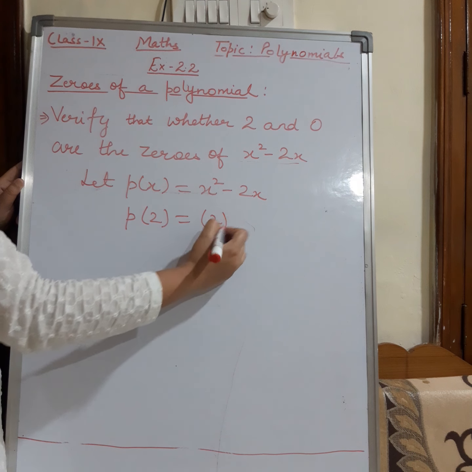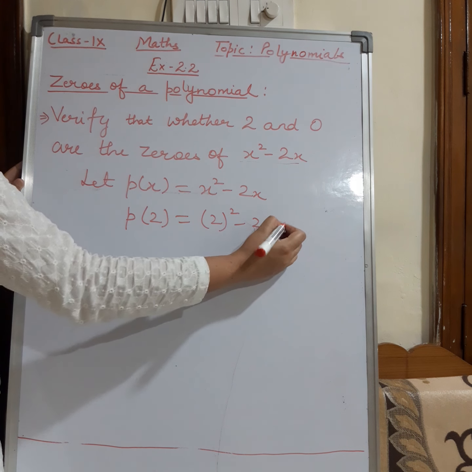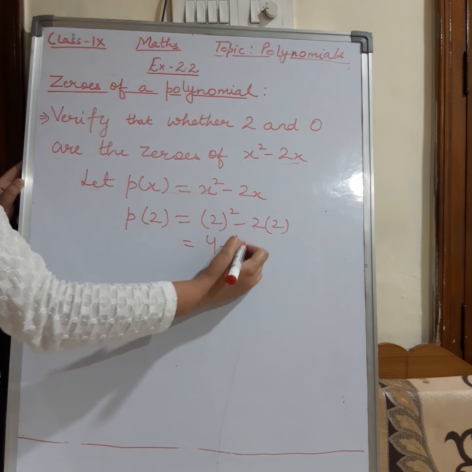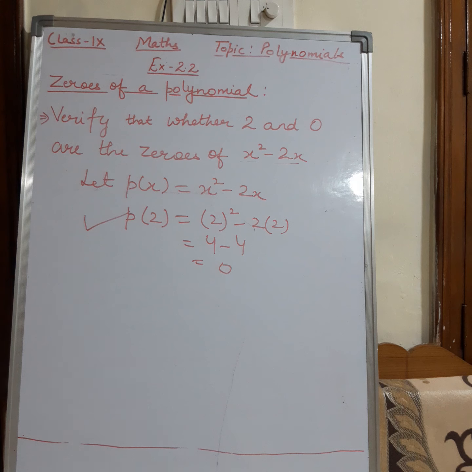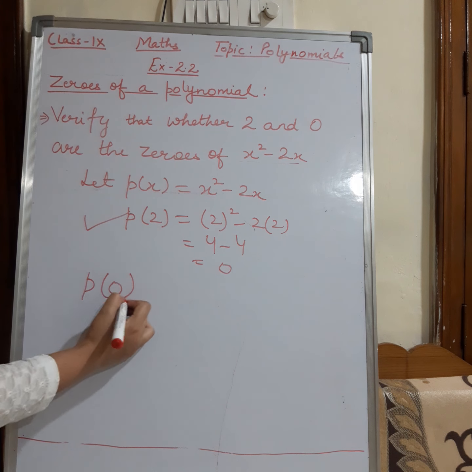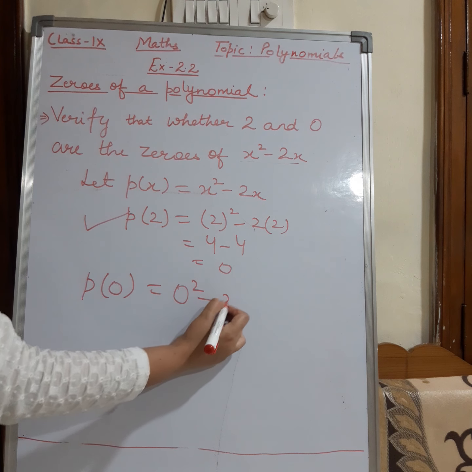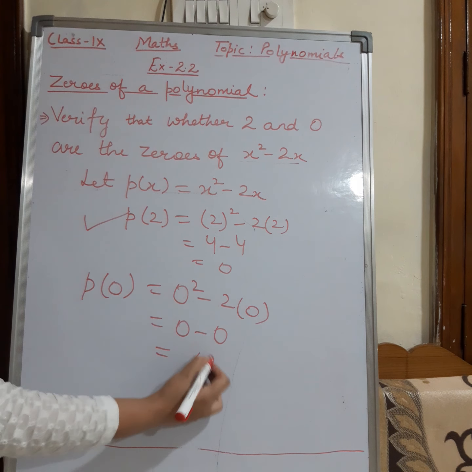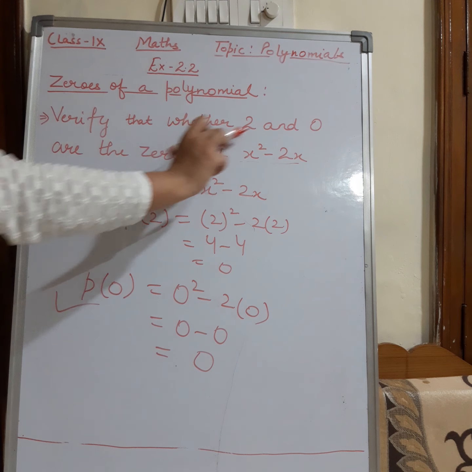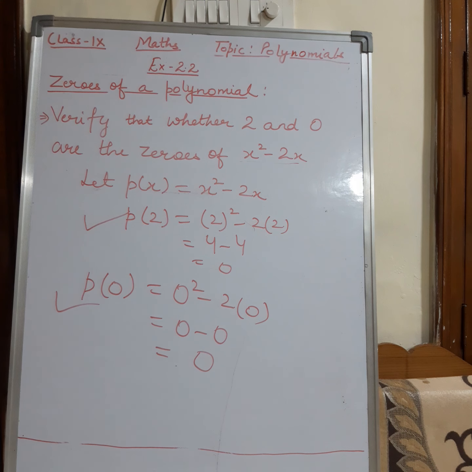It will become 2 square minus 2 into 2. 4 minus 4, that is 0. So yes, 2 is a zero of this polynomial. Second, we have to find out p of 0. 0 square minus 2 into 0. Again, it will be 0. So yes, they both are the zeros of this polynomial.